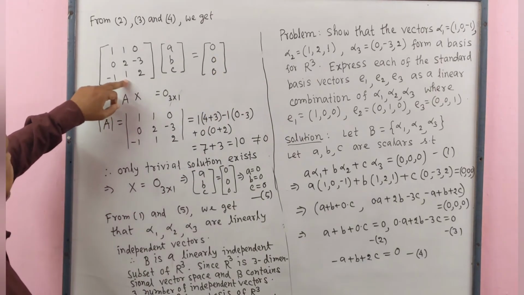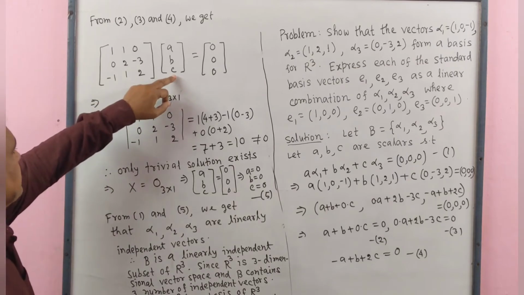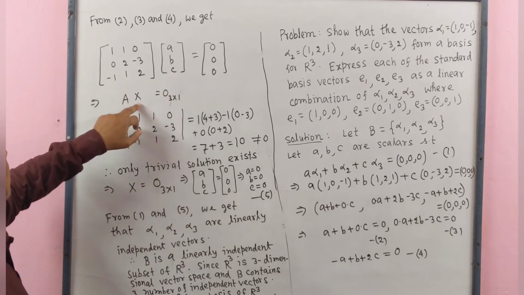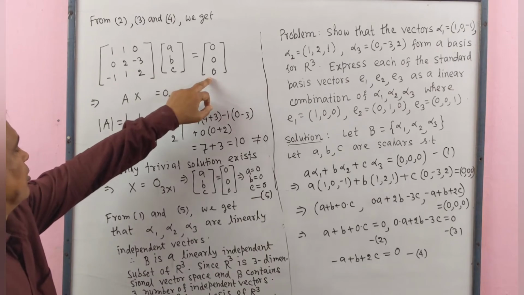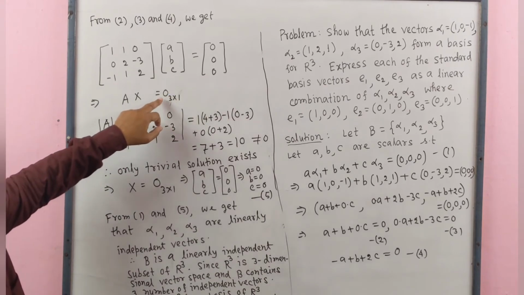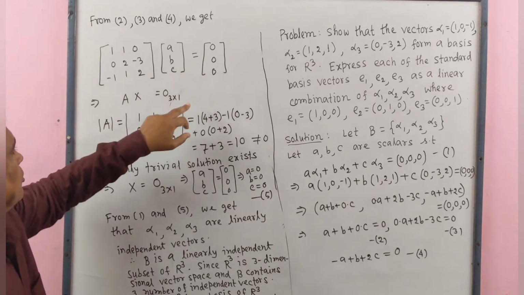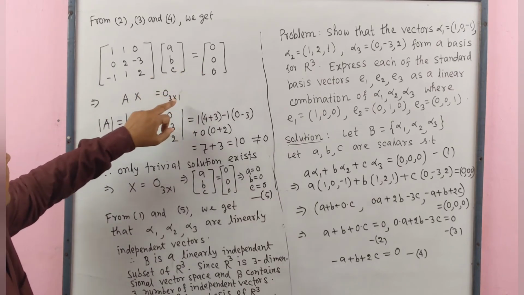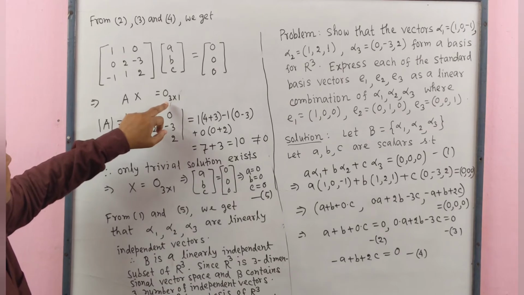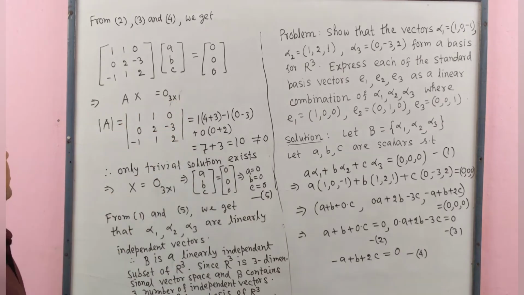This is matrix A and this is matrix X, and the column matrix of zeros is denoted by 0. This is a 3 by 1 matrix.